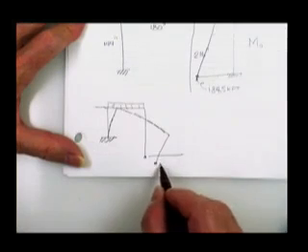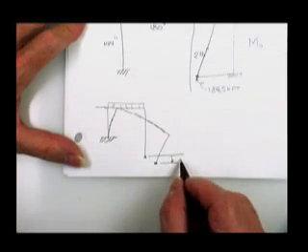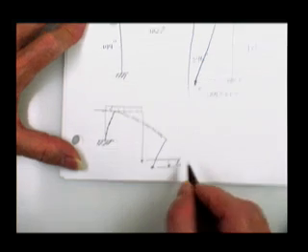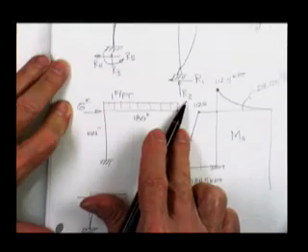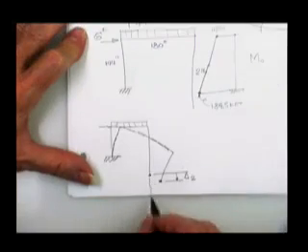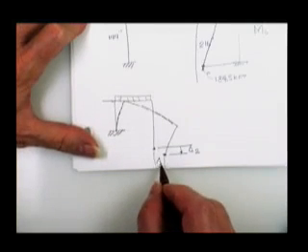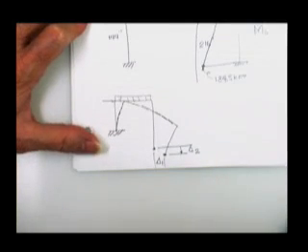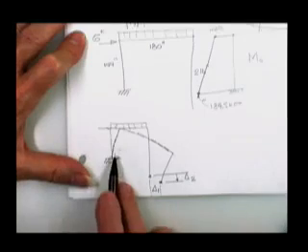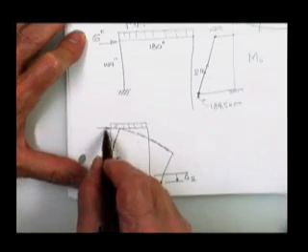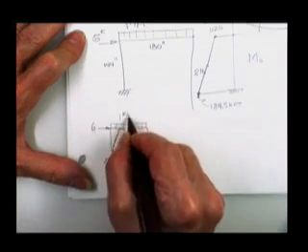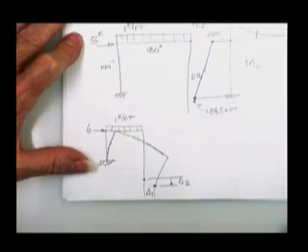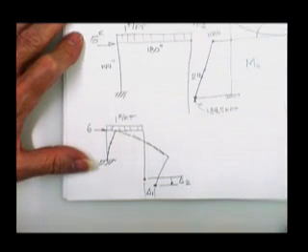I would call that number right there the deflection in the number 2 direction. And I would call this the deflection in the number 1 direction due to the real loads that are applied to the structure. And that means I need some unit loads in order to solve for these.